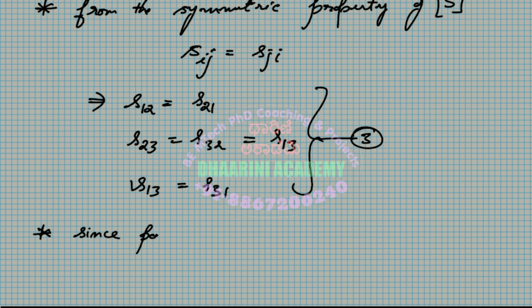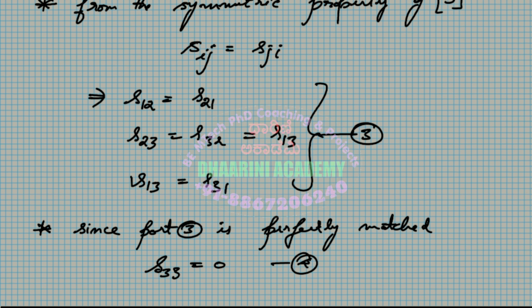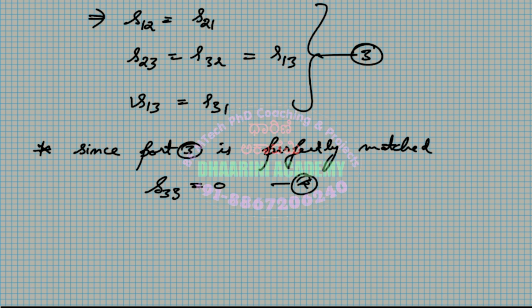In any H plane T junction, this condition will be satisfied. Perfectly matched means you give input from 3, you cannot take output from 3. So S33 is equal to 0. No scattering happens when you give an input from 3.